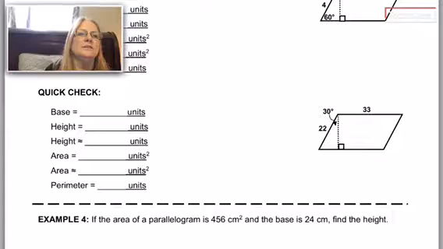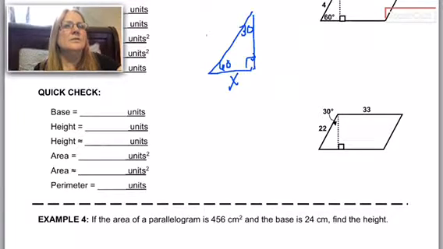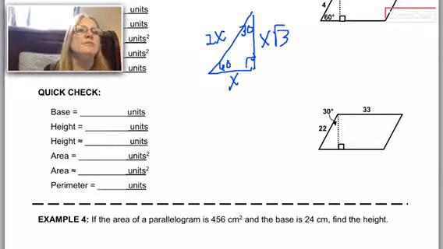Please pause this one and try and see if you can do this yourself. Okay, take the picture of the 30, 60, 90, x, 2x, x to the square root of 3, and try and fill in and see if you can finish this yourself.